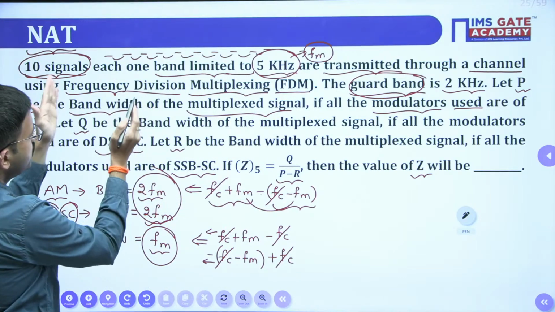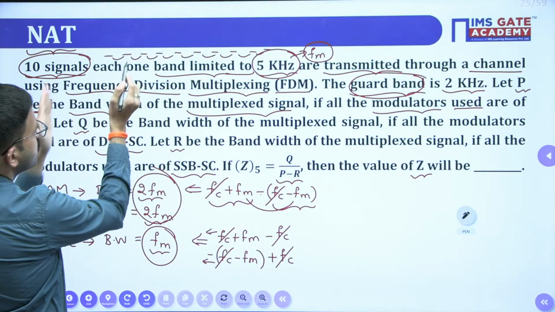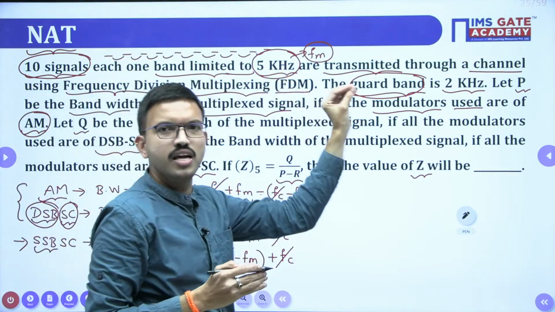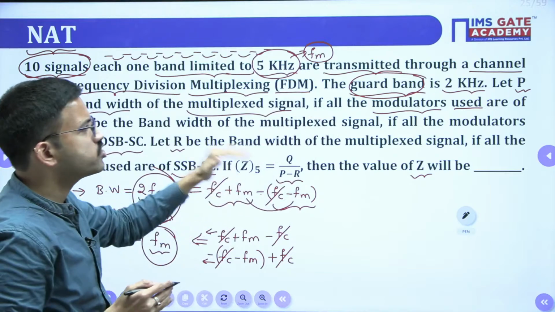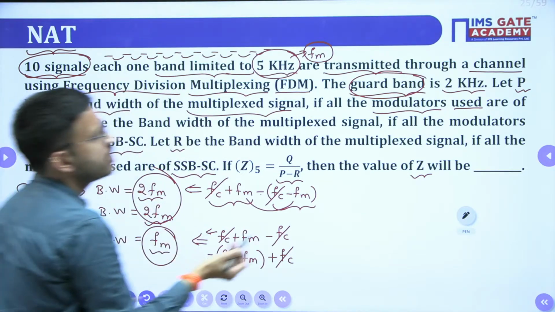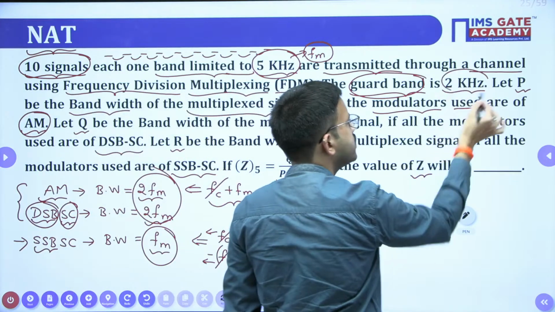A guard band is a buffer range of frequencies between 2 signals that we do not use for the signal, kept just to avoid interference. So you have 9 guard bands, and each guard band is allocated 2 kilohertz.